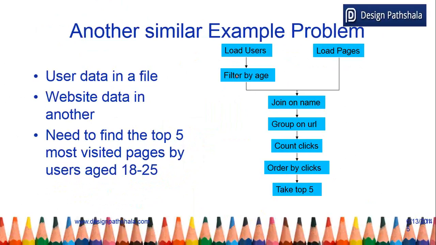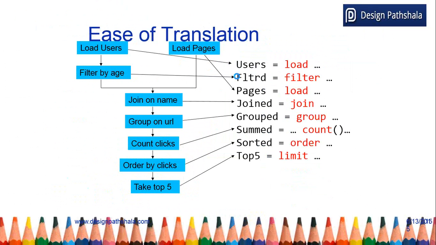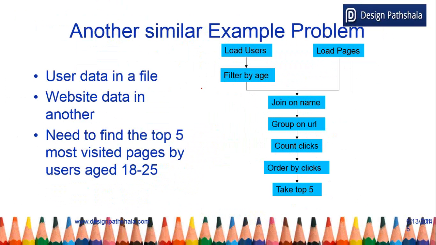So again, here I have a similar problem statement. I have a file which contains user-related data and another file which contains the pages. Again, similar stream data. One file has the users and their corresponding ages. So that is user-related data. Another file has the pages which are visited by different users.